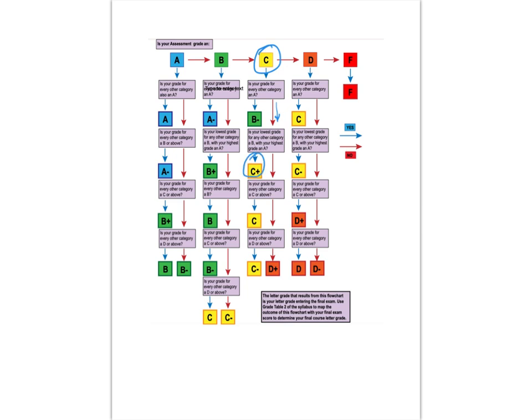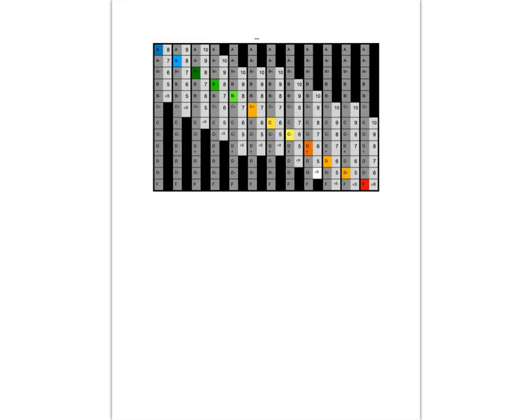So Jasmine has a C+ going into the final. Then this is the table that tells us how the final affects our grade. What you do is you find where you are. So for Jasmine, she's at the C+. And right to the right of that are possible scores that she might get on the final.